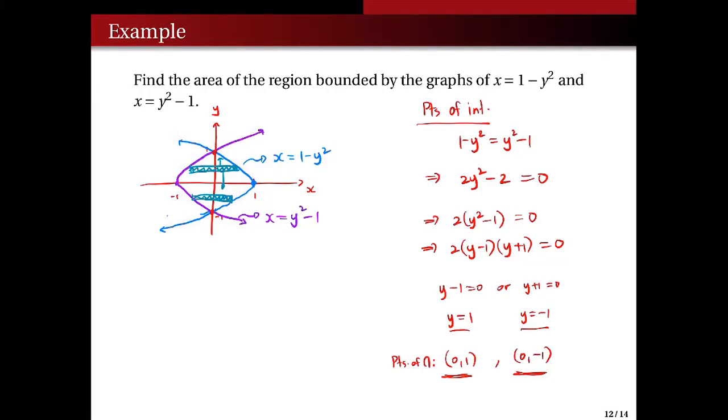Therefore, area will be the integral from negative 1 up to positive 1 of the right function, 1 minus y squared, minus the left function, y squared minus 1, and then we have the dy.